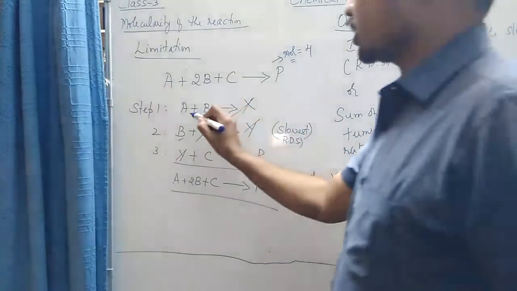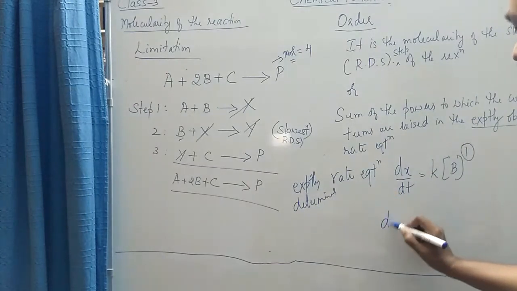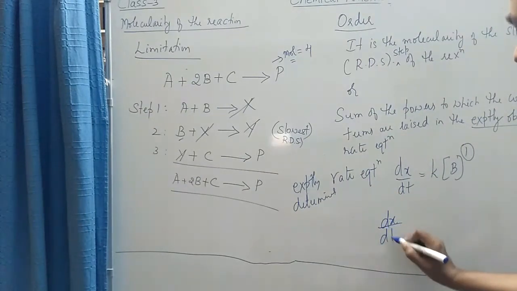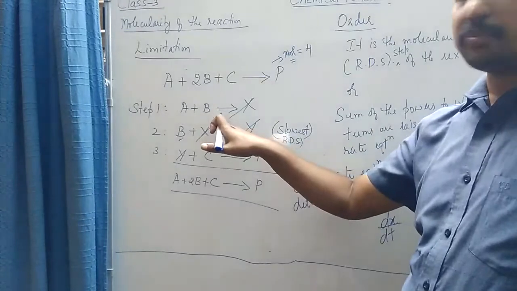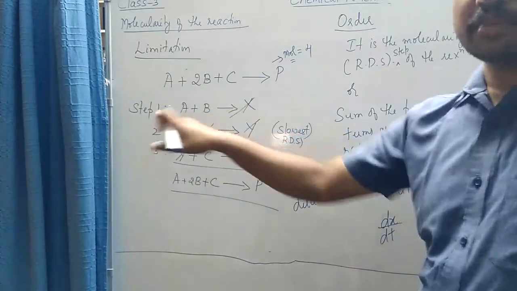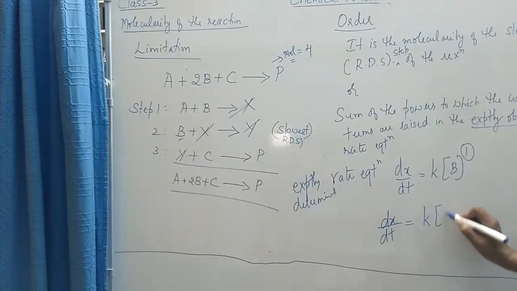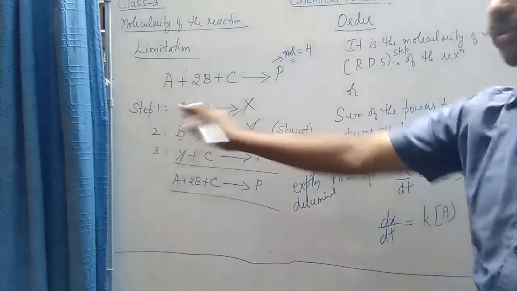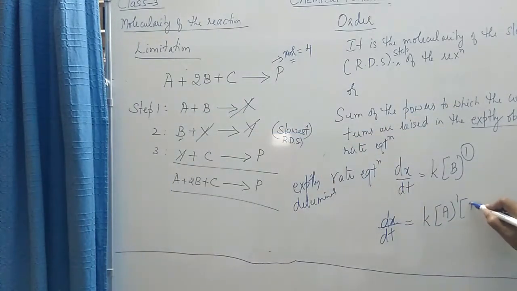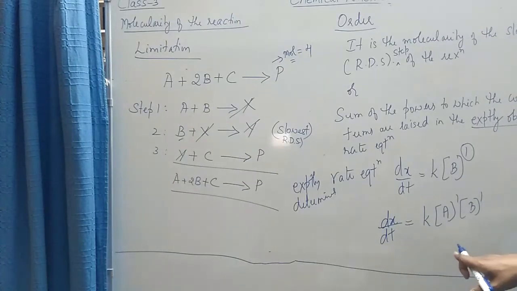Suppose this step was the slowest step, then how would you have written the rate equation? Okay, if this was the slowest step, this would have been the experimentally determined slowest step. In that case, the rate equation would have been dx by dt is equal to k into concentration of A to the power 1 into concentration of B to the power 1. So this is the experimentally determined rate law if this was the slowest step. So then what would be the order of the reaction?